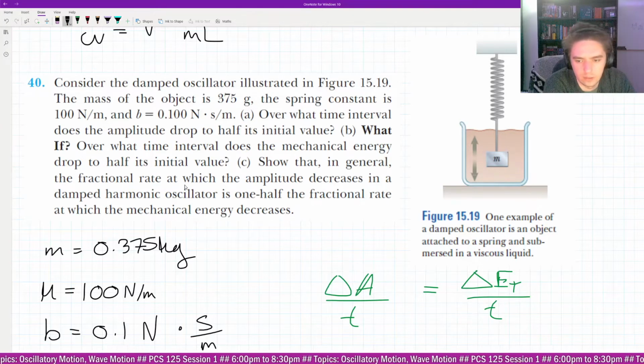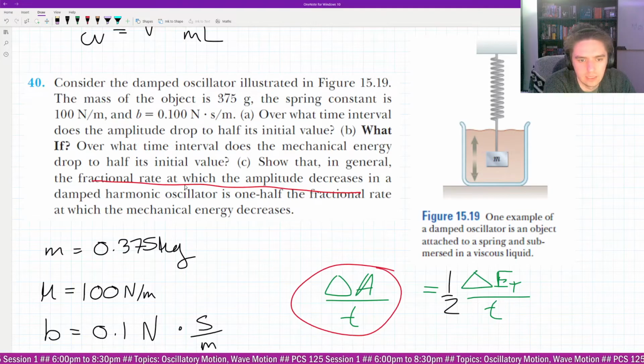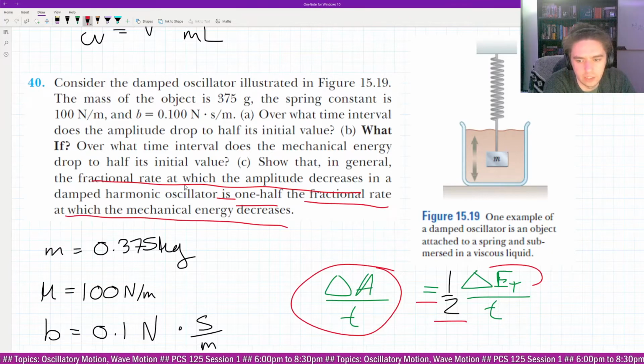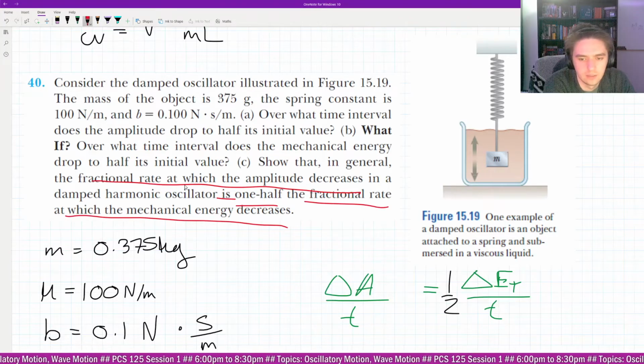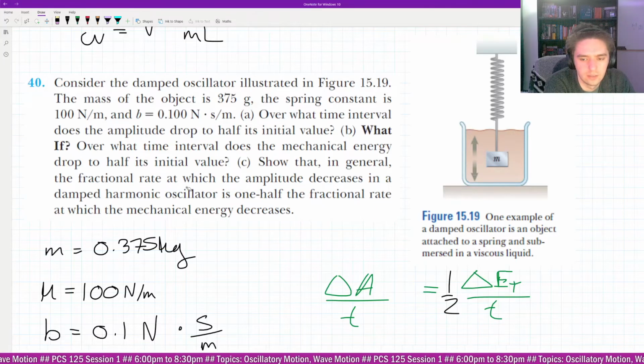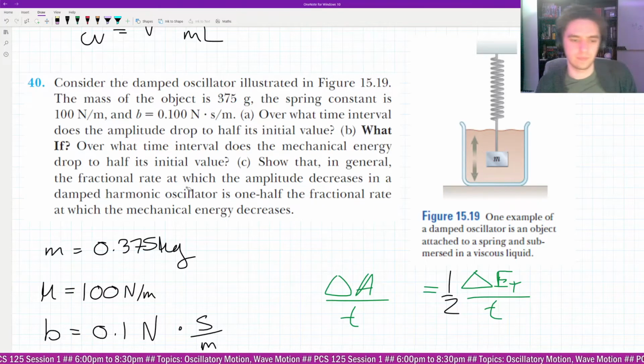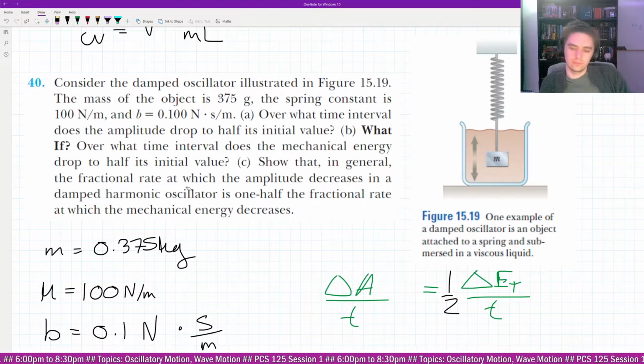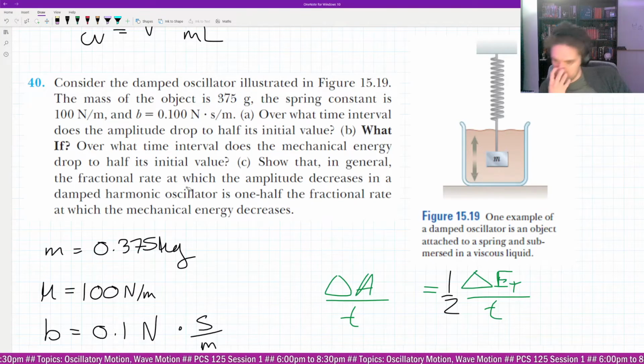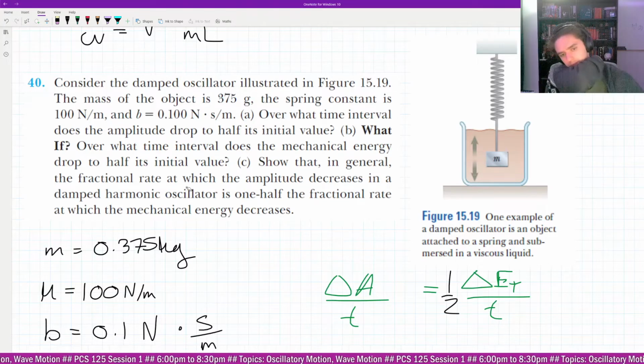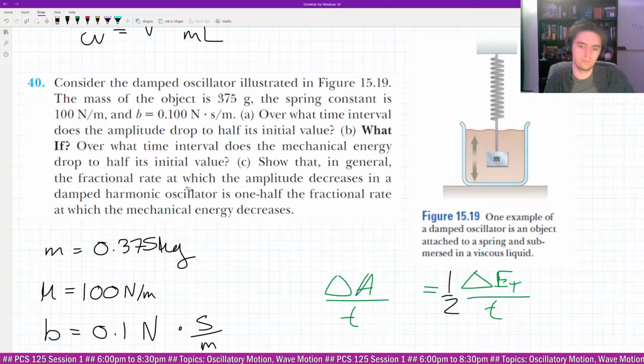To match the question a little bit better, put it like that: the fractional rate at which the amplitude decreases is 1/2 the fractional rate at which the mechanical energy decreases. So the fractional rate of the amplitude decreases on the left side, and it's equal to 1/2, right? Because that's what it reads. It's equal to 1/2 of the fractional rate. That's why the 1/2 is on the other side.